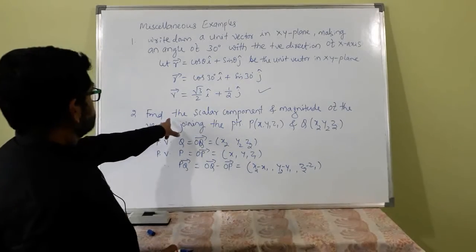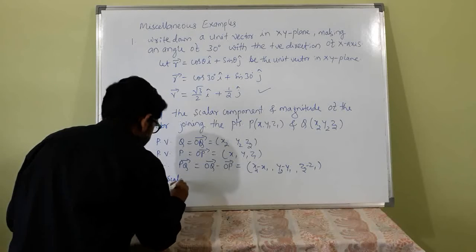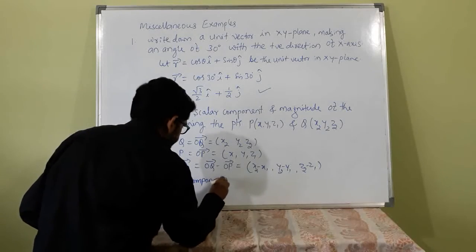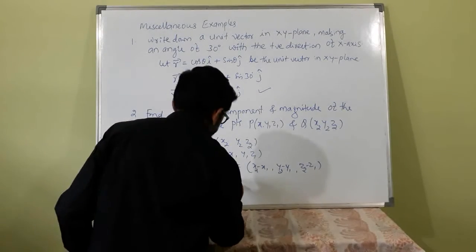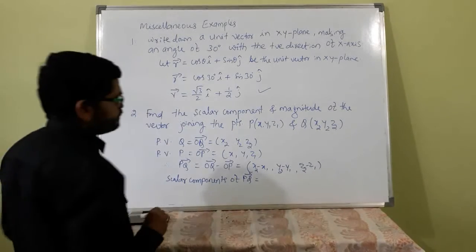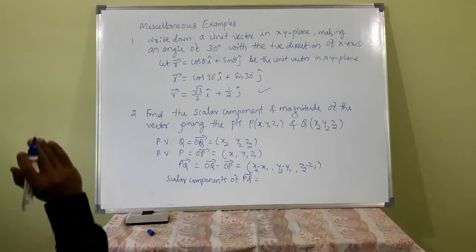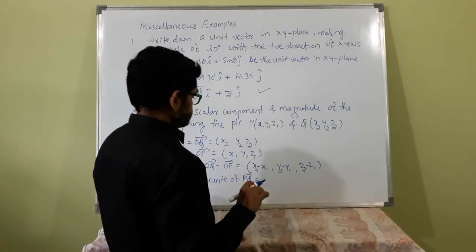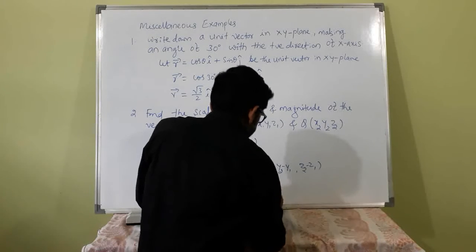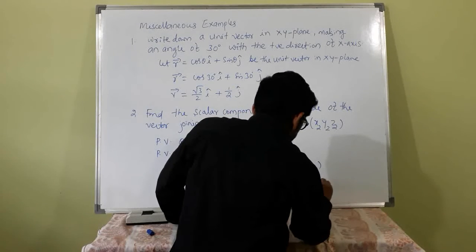Okay, find the scalar components. Scalar components of vector PQ. These are scalar quantities. Okay, x2 minus x1 i will become that vector component. So scalar components are x2 minus x1, y2 minus y1, z2 minus z1.